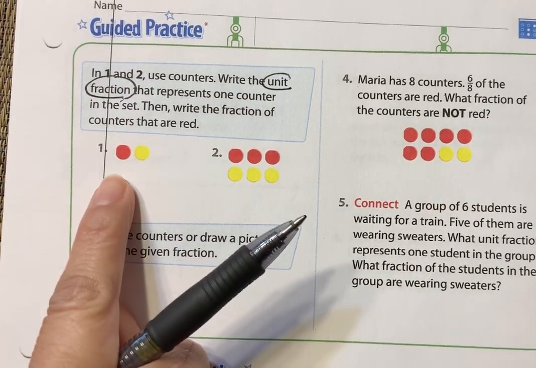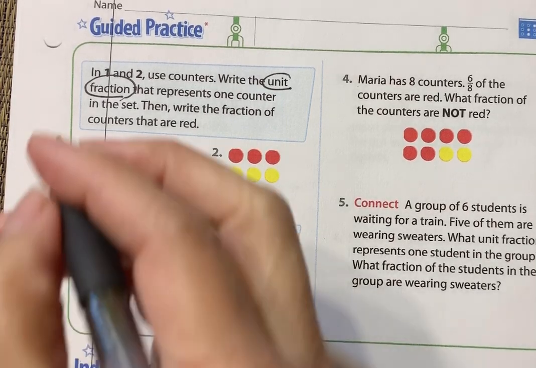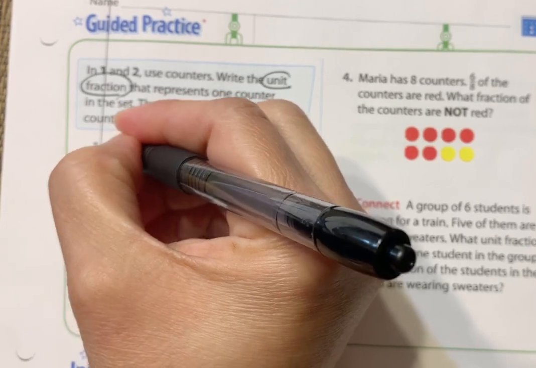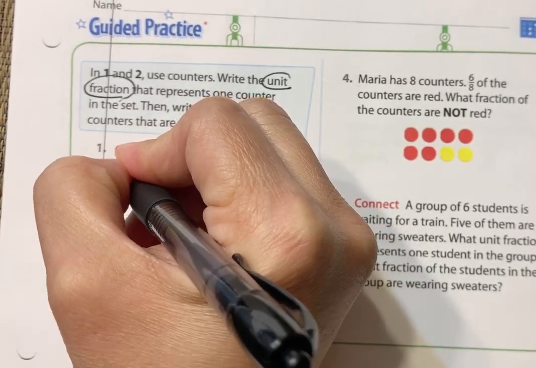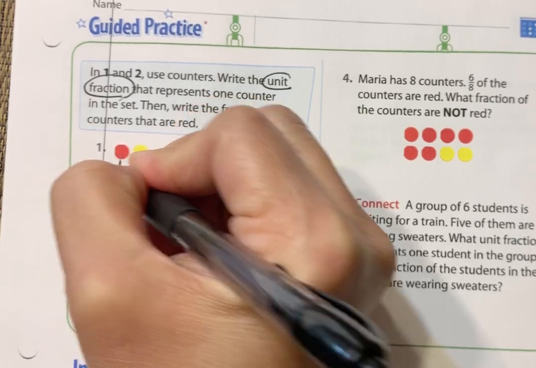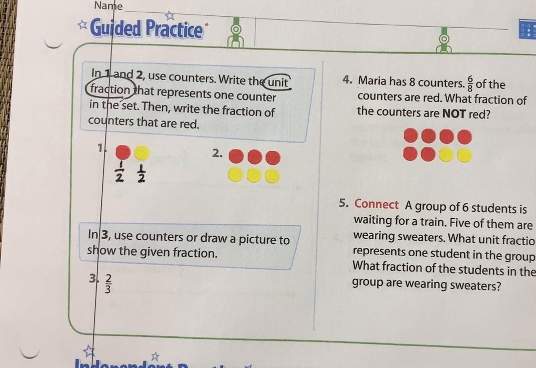For instance, on number 1, because these circles are way too small for you to write in the information, you can write the information either above or below the circles. I'm going to go ahead and write it right here. This represents 1/2. And this represents 1/2.